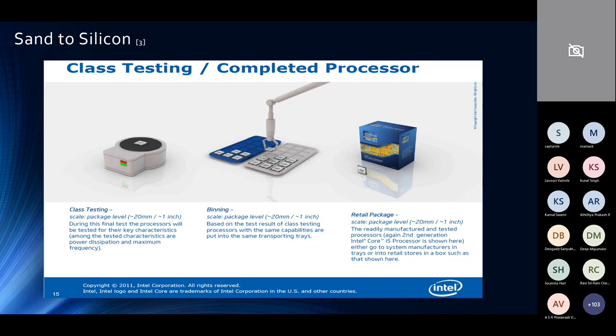So this is what it takes to do silicon chip design, starting from creating a silicon ingot all the way up to creating a package and then selling the chip.